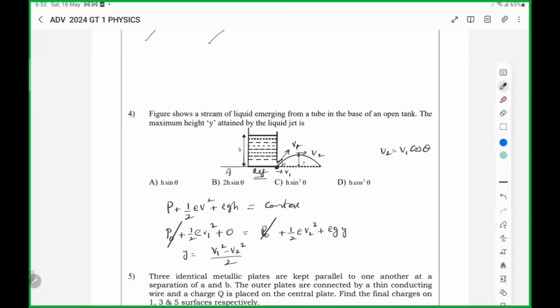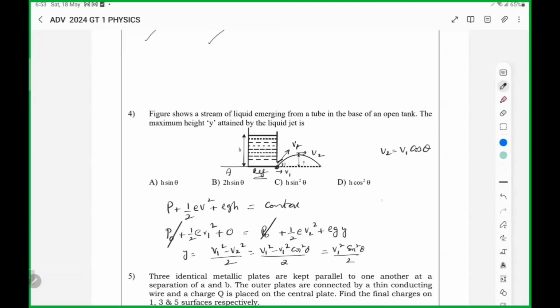cos theta. That is V1 square minus V1 square cos square theta by 2g. So V1 square into 1 minus cos square theta, which is sine square theta.